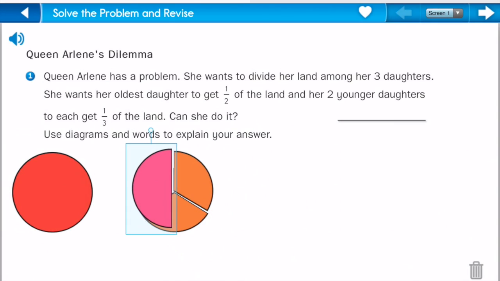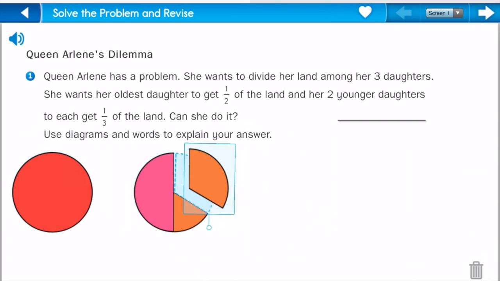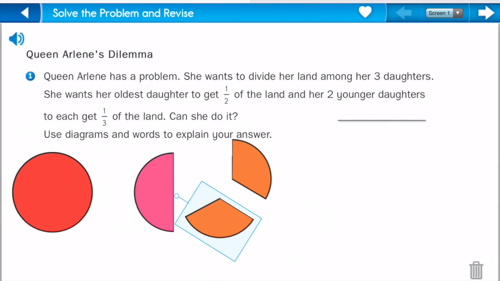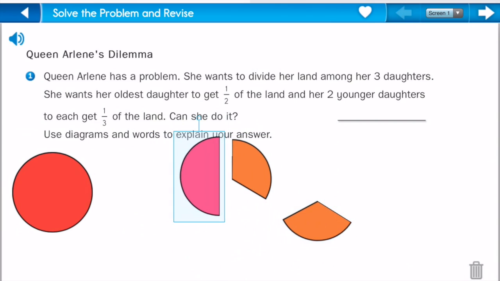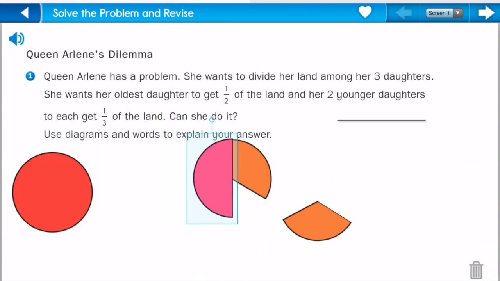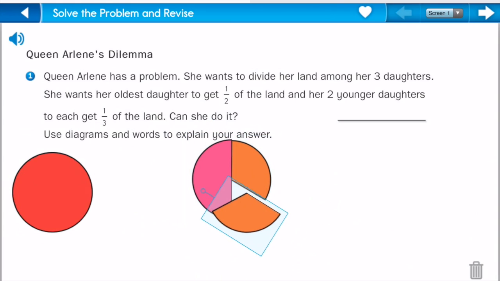If we look at it, what do we think? So, the answer is no, she wouldn't be able to. Because if I put this here, this orange piece, a third, is way too big to fit there.